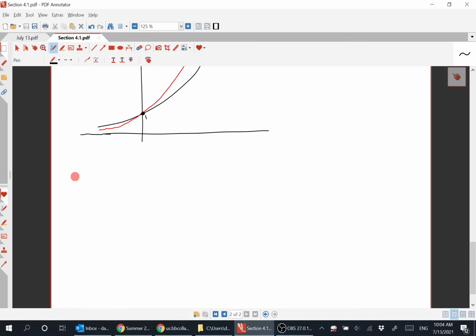So exponential functions are used for modeling in many situations.